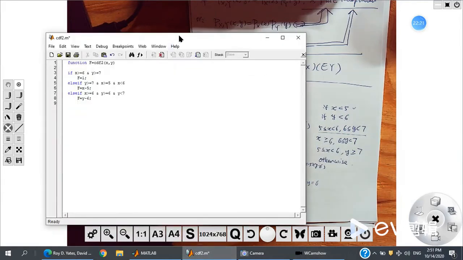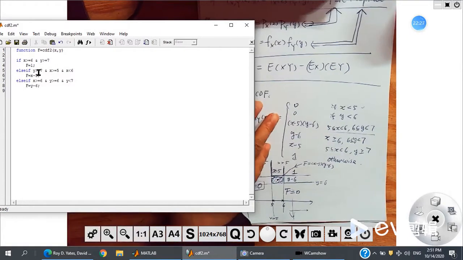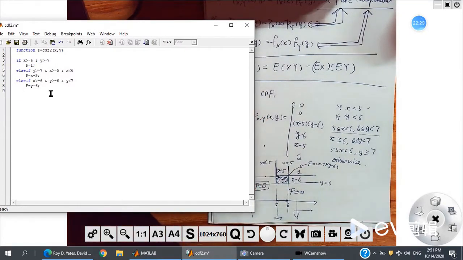So, else if x should be between 5 and 6: x larger than or equal to 5 and smaller than 6, and y between 6 and 7: y larger than or equal to 6 and smaller than 7.